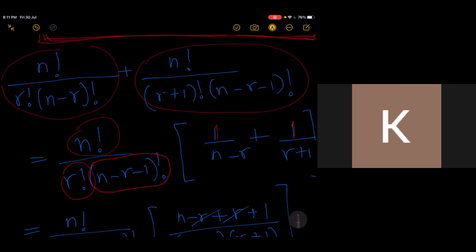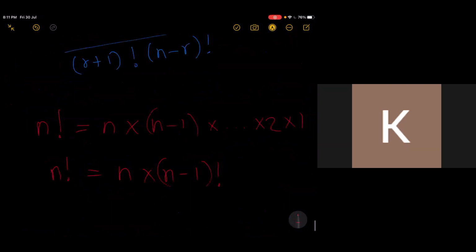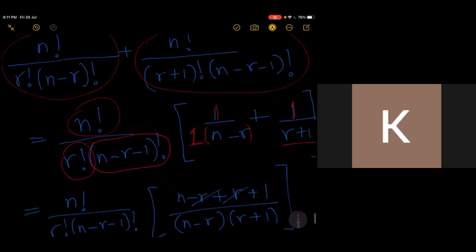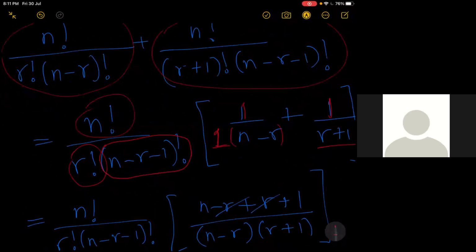Now if I take r factorial common here, I will just get a 1. And if I take r factorial common from r plus 1 factorial, what will be left? r plus 1, right? Using this formula. Did you understand?